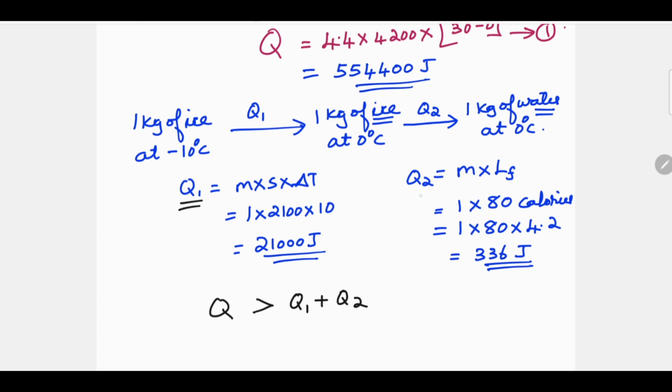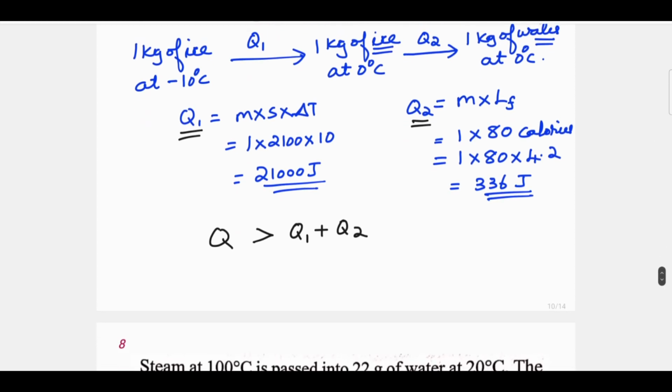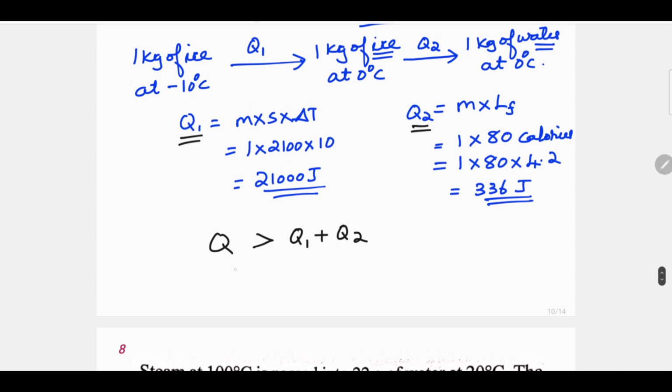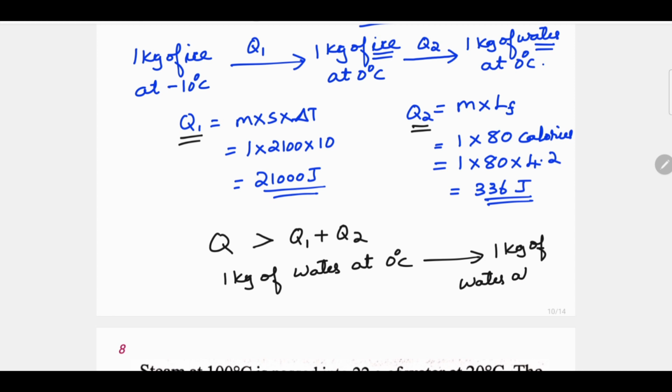Q1 is here, Q2 is here. So Q is greater than Q1 plus Q2. That means after ice melts, 1 kilogram of water at 0 degrees Celsius will rise to a new temperature. 1 kilogram of water at say T degrees Celsius, that we have to find.